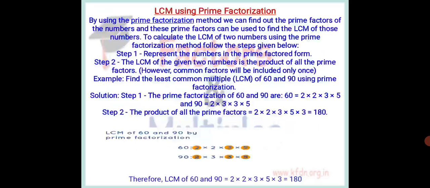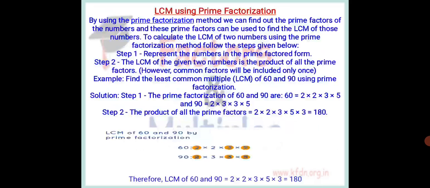LCM using prime factorization. By using the prime factorization method, we can find out the prime factors of the numbers, and these prime numbers can be used to find out LCM of those numbers.